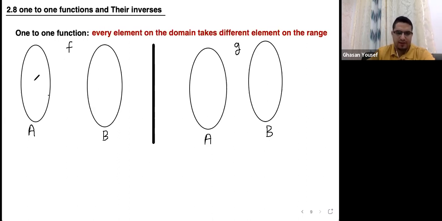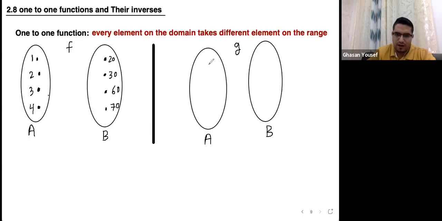This set here is called the domain of the function. Suppose I have the elements 1, 2, 3, and 4. In the other set I have 20, 30, 60, and 70.